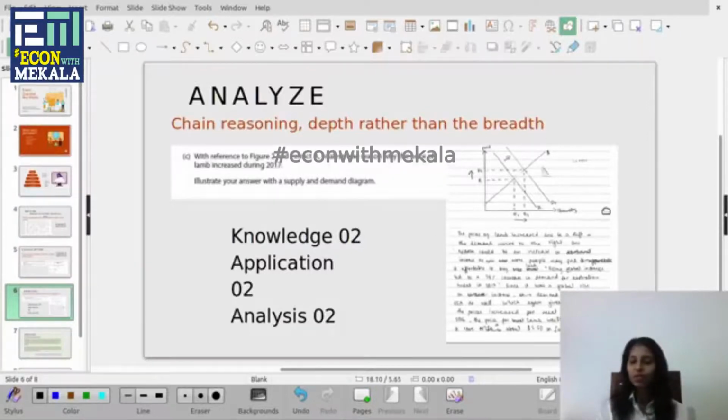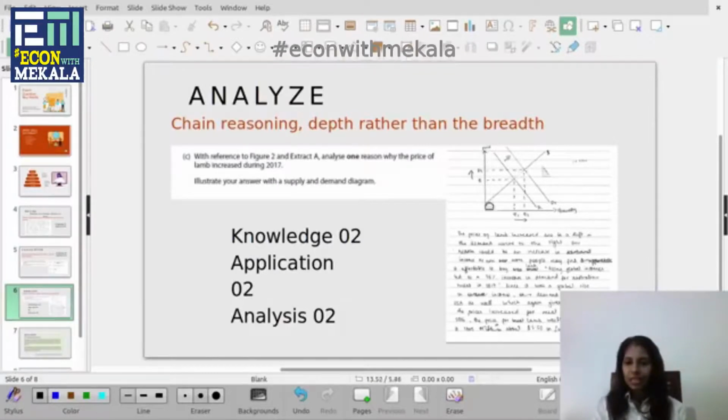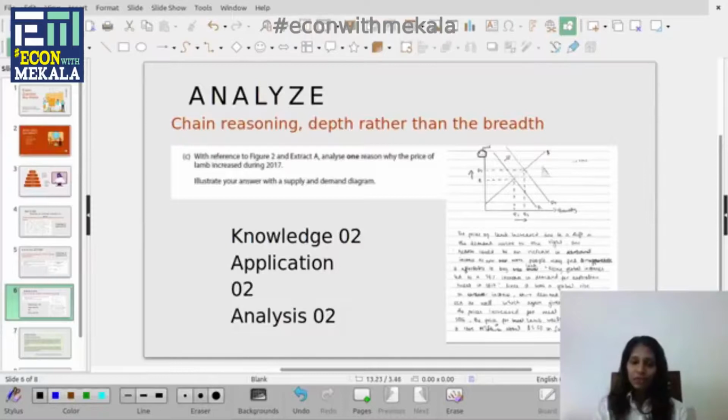So graphs are also very important if you are a student taking business and economics, because we learn so many graphs, and in the exam you nearly draw 5 to 10 graphs and sometimes you interpret them. So if you look at this graph, you can see this student has nicely labeled both axes x and y, and this student has drawn a supply curve.